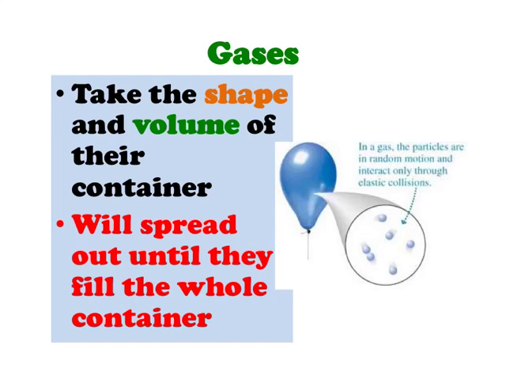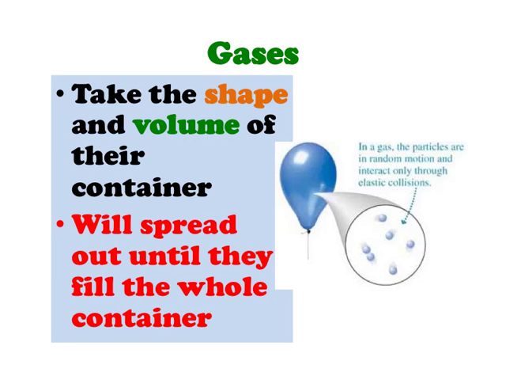Now if more energy or heat is added to that liquid, it turns into a gas. And gases take the shape and the volume of their container. They're going to spread out until they fill that whole container. So if you look at this balloon, it's filled with gas. The gas in there is going to take the shape of the balloon, and the amount of space it takes up depends on what its container is.